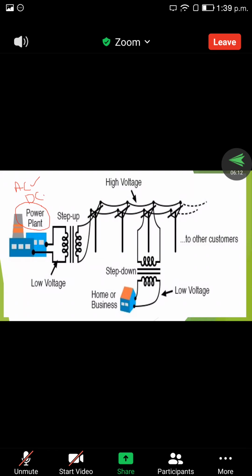So practically there are no DC power plants available. Why? In the initial days, whenever power was determined, only DC power supply was available in the 19th century. So in the 1910s or 1920s, power was determined.